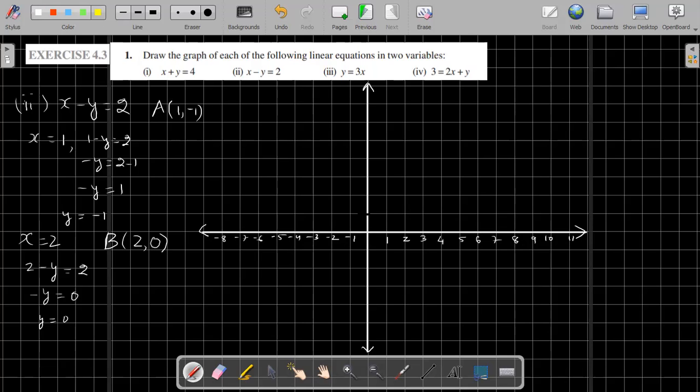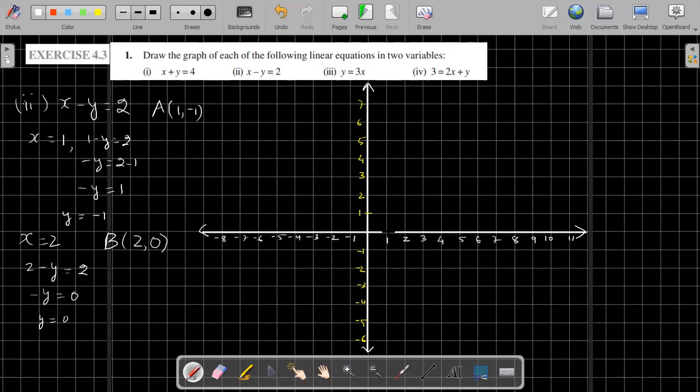And above the x-axis, we are getting 1, 2, 3, 4, 5, 6, 7. And below, negative values, minus 1, minus 2, minus 3, minus 4, minus 5, and minus 6. Okay.